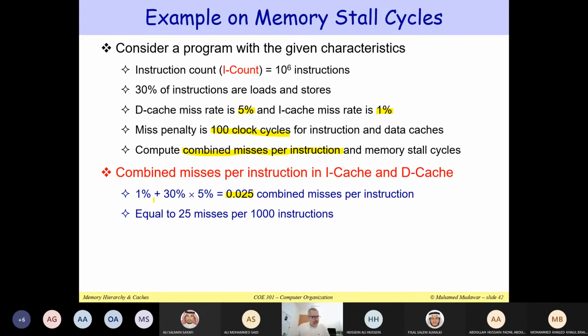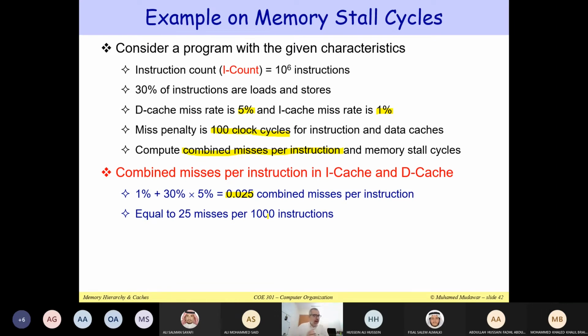So 10 of them are going to miss in the instruction cache, and 15. Out of these 1,000, 300 will be load store, and 5% of these are going to miss. Therefore, we get 15 misses out of the 1,000 instructions in the data cache. So 10 are going to miss in the instruction cache, 15 in the data cache.